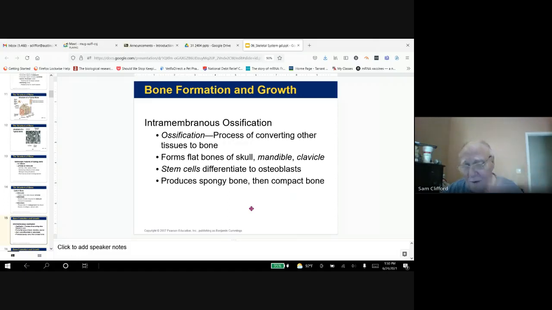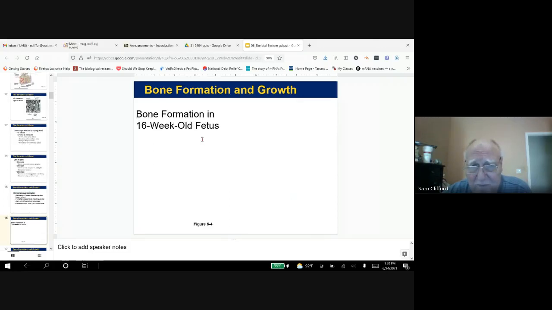There are two types of bone formation called ossification. Intramembranous ossification forms the flat bones of the skull, mandible, clavicle. Osteoblasts build bone, and then some of those mature into osteocytes. So that's one type of bone formation, or ossification.